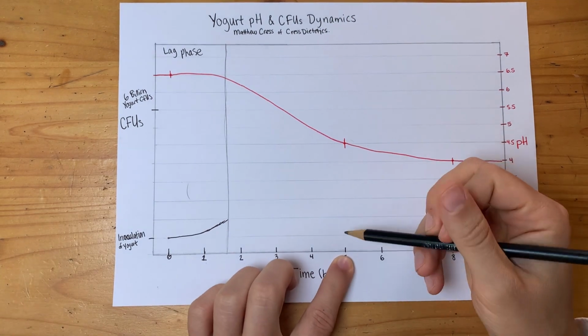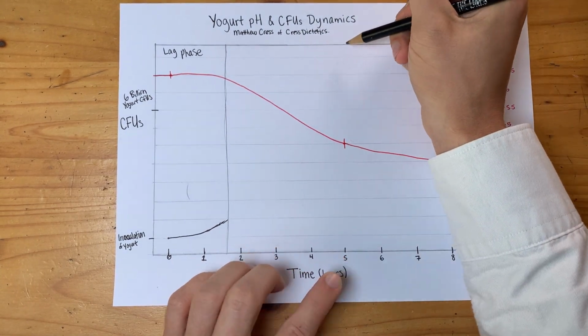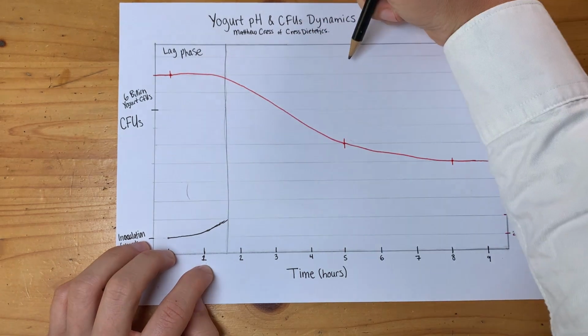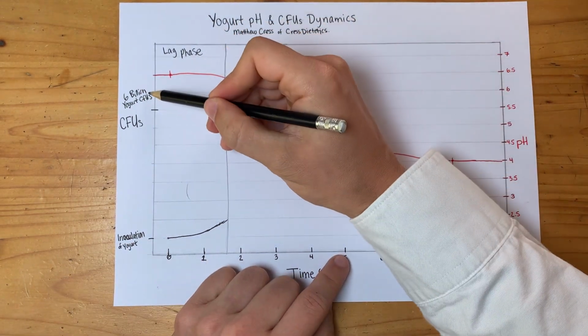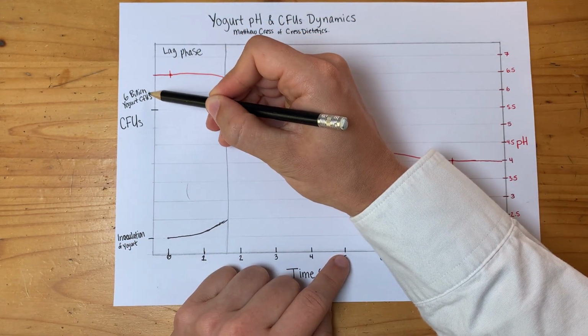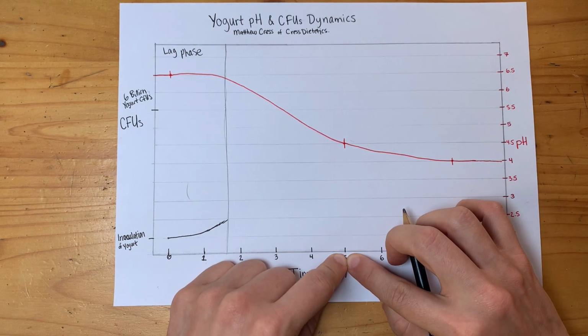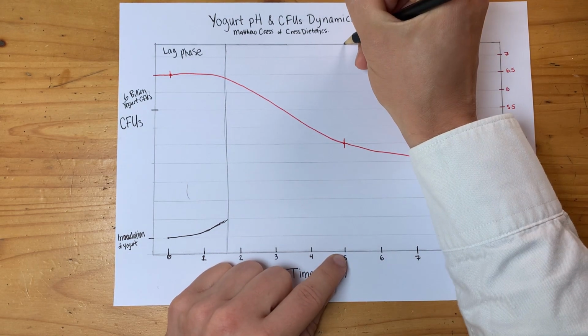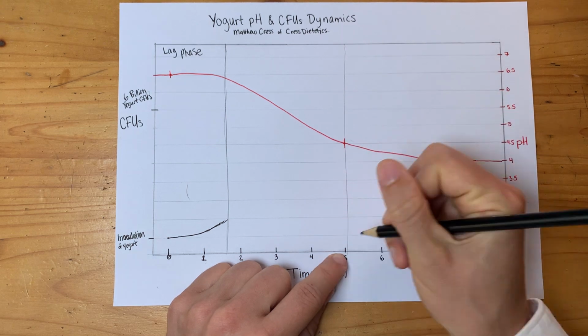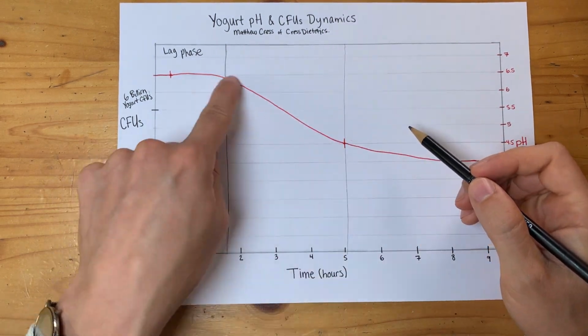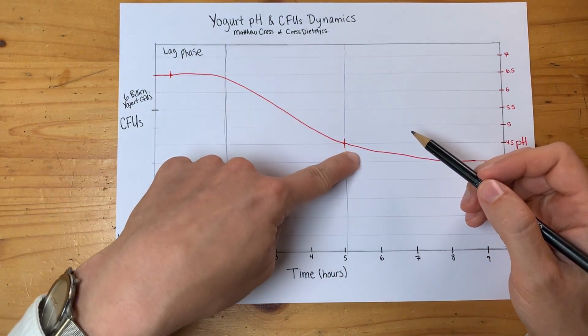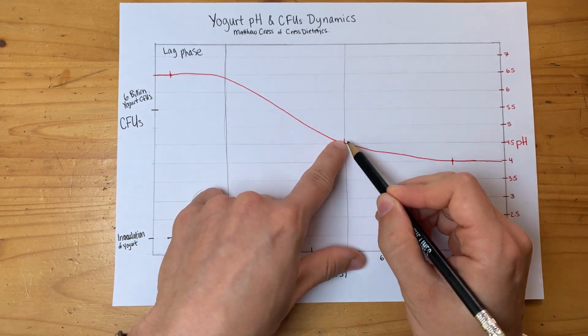Then next, we are going to have a beautiful log phase. So it's going to explode up to our 6 billion yogurt CFUs. And that's going to be at our yogurt solidifying point. And so we're going to make a line about right here, because you can see right here, my line is really dynamic and going down in pH, and then it does peter out.